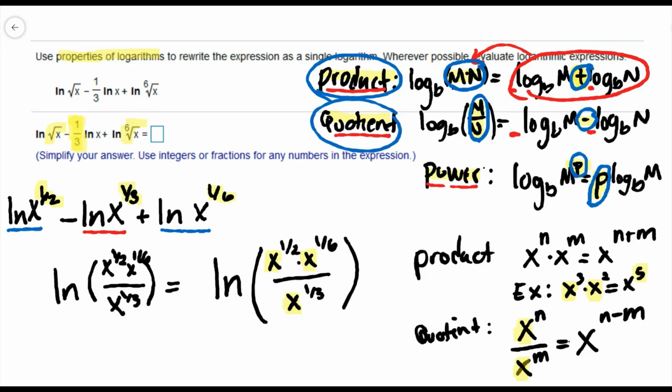We have x to the 1/2 power times x to the 1/6 power. They have the same base and they're being multiplied, so we'll add those exponents together. Then we're dividing by x to the 1/3, and we'll subtract the 1/3. So let me erase this so I have some room to work.